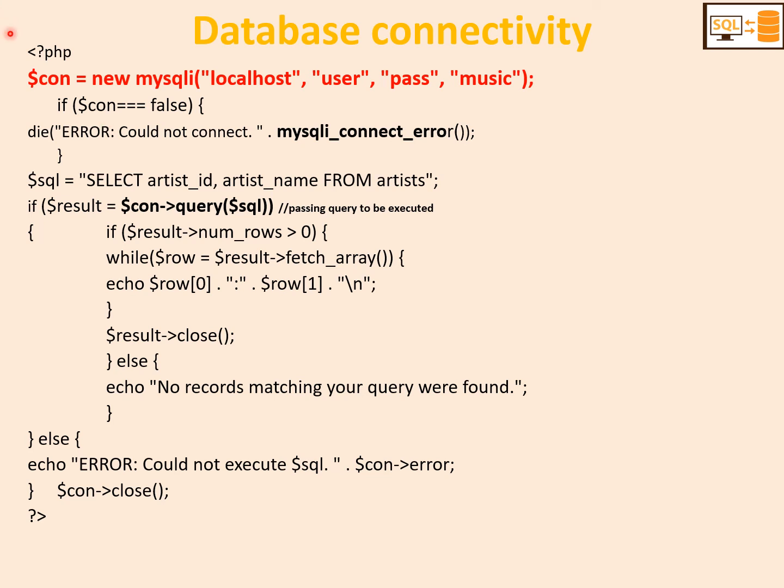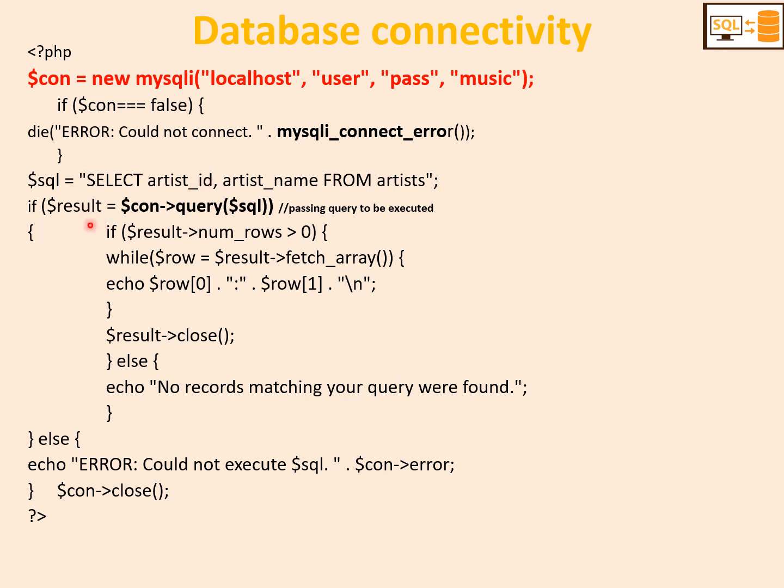If the connection variable has a true value, then we specify the SQL statement that should be executed and store it in a particular variable. Then, using the connection variable and the query function, we execute the SQL expression, and we store the result of that query function in a variable called the result variable.